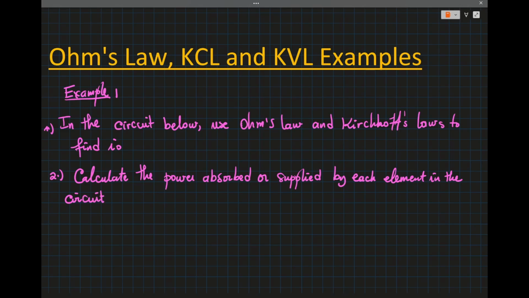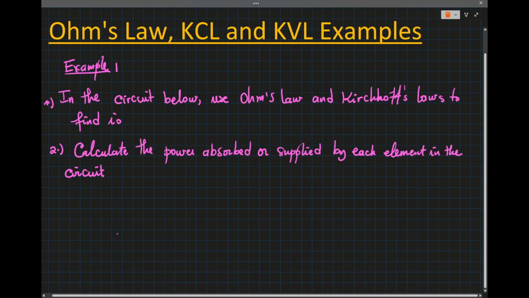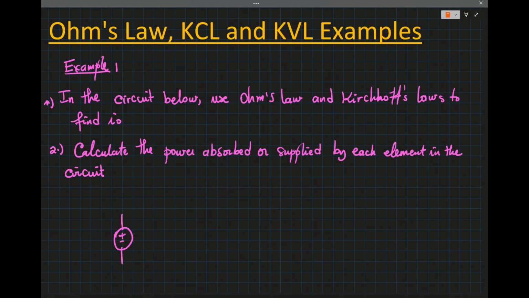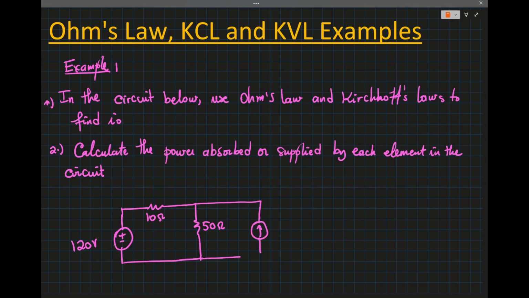Okay, so what is the circuit? The circuit has two sources. So we have a 120 volt voltage source, we have 10 ohms, we have 50 ohms, and then we have a 6 amps constant current source.